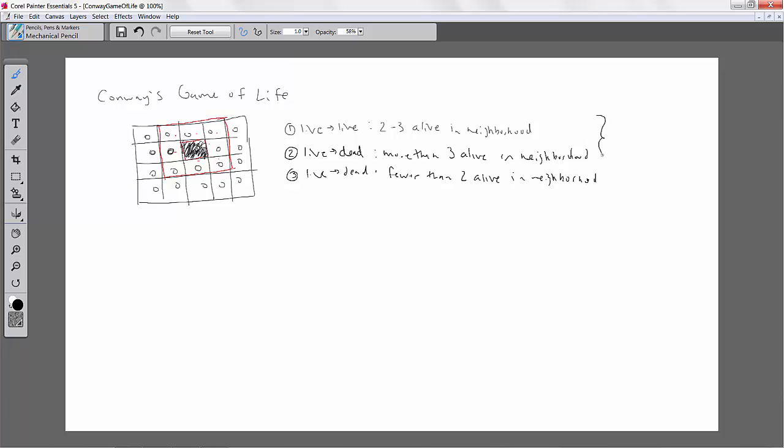So these 3 together are, I'd say, a little redundant. However, the notion is that in order for a cell to stay alive, it needs to have 2 or 3 neighbors that are alive. Otherwise, it will die. The fourth rule in Conway's game of life states that a dead cell can become alive through a rebirth process if exactly 3 of its neighbors are alive.